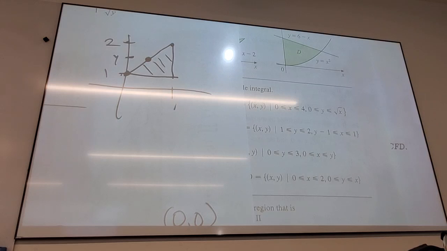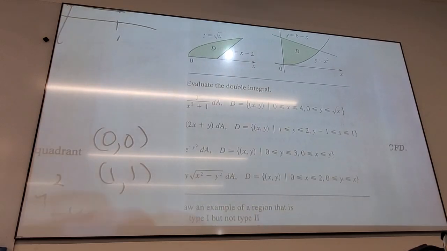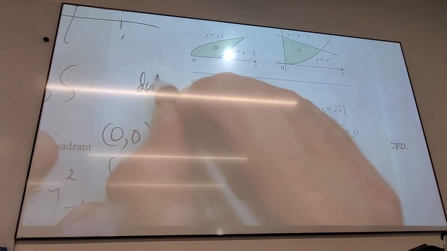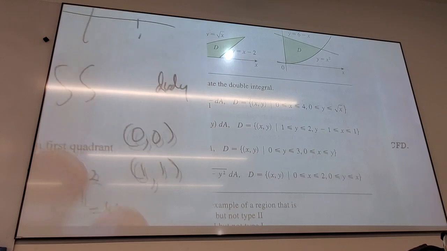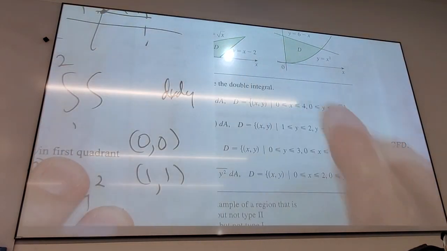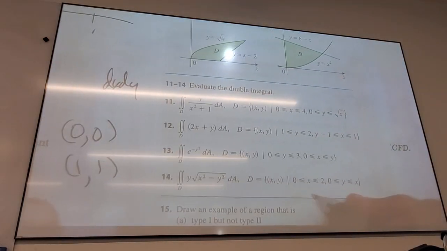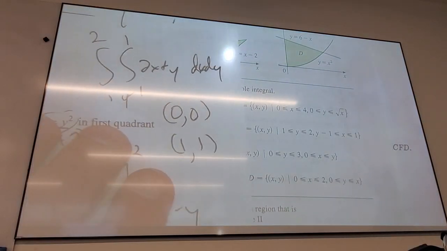So for this specific problem, did I need to draw the region? Not really. Watch what I mean. If I let the outer one be dy, y is going from 1 to 2. What is x going from and to? y minus 1 to 1. And then my inside function is 2x plus 1. I'm sorry, 2x plus 1.